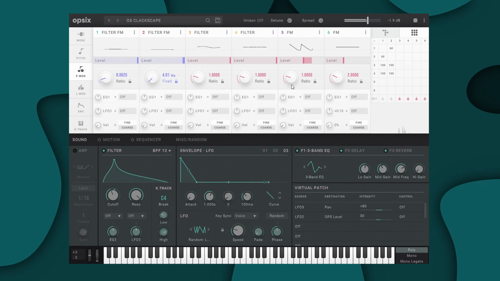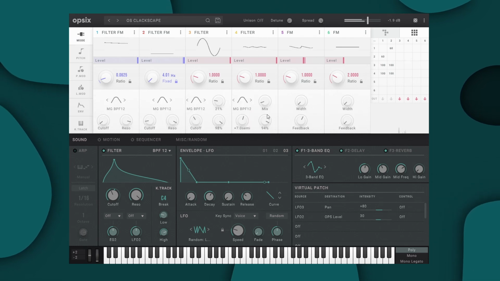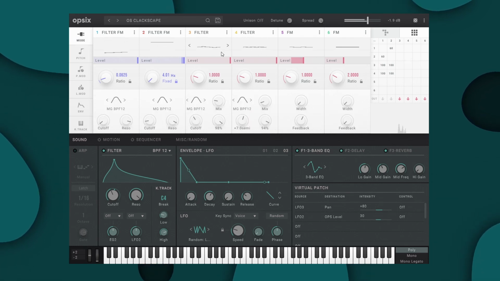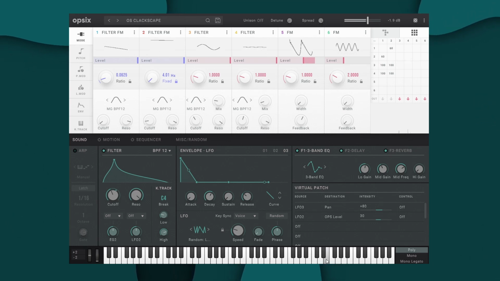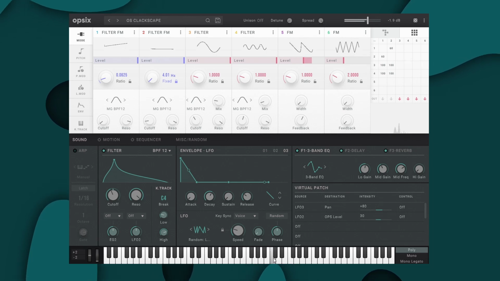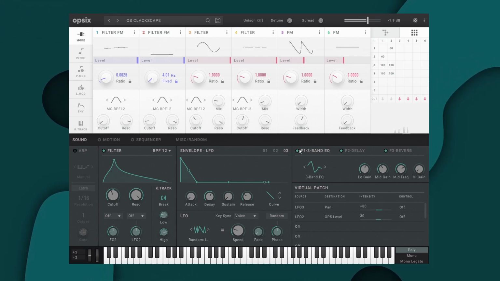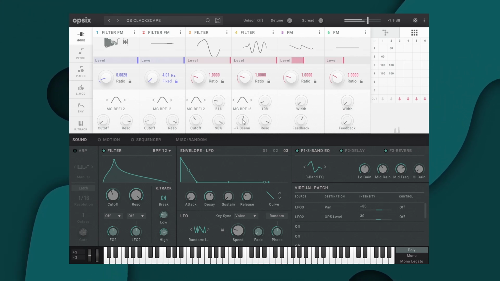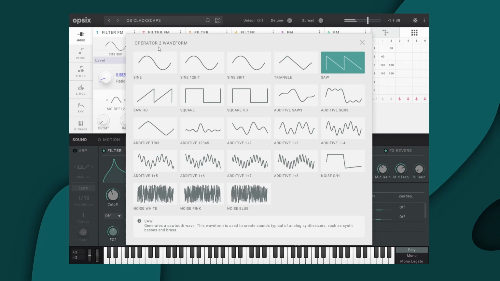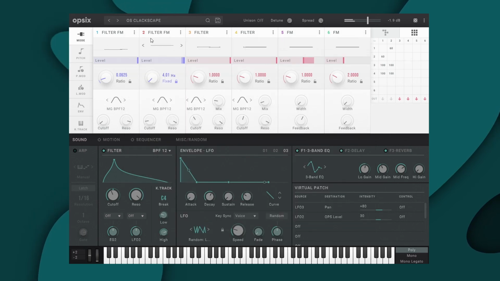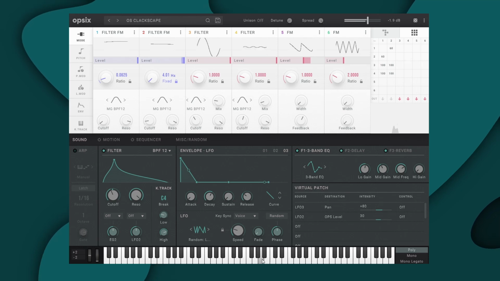And again, this is all making use of resonant filters, because the filter operator type tracks the keyboard by default. You can use them to be pinged, basically, which is what's happening here. I think this one in particular is a very, very low-tuned saw, and it's basically pinging the filters.